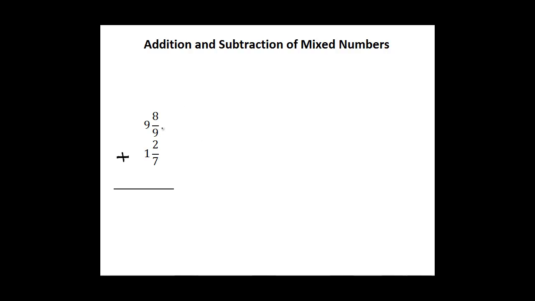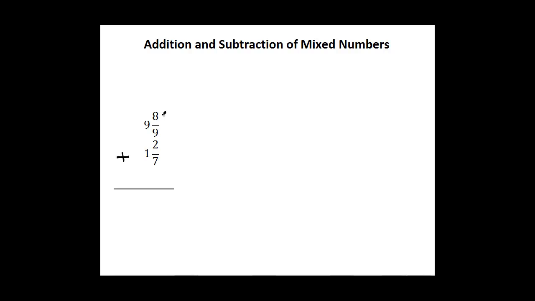So here we have 9 and 8/9 and 1 and 2/7, and we have a denominator of 7 and a denominator of 9, and those are not like, so we find equivalent fractions, get a common denominator between 7 and 9.